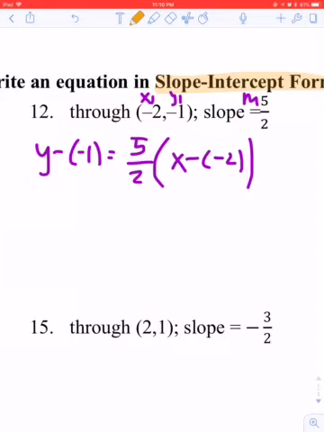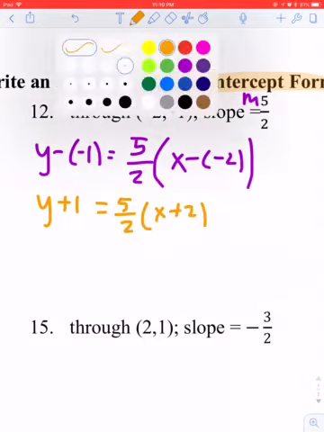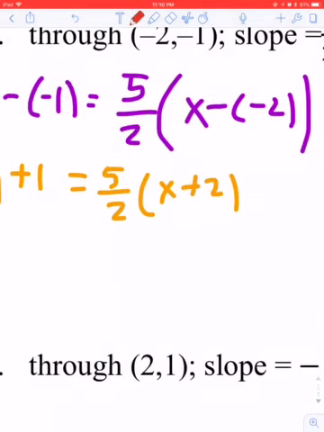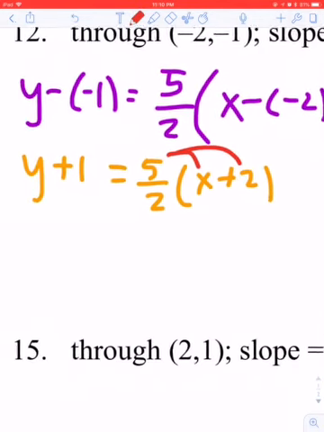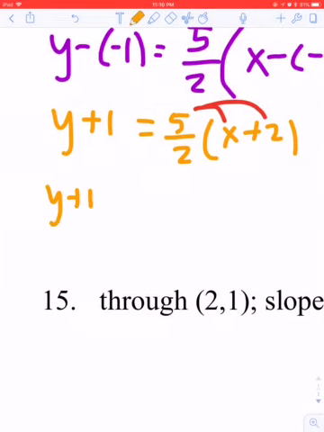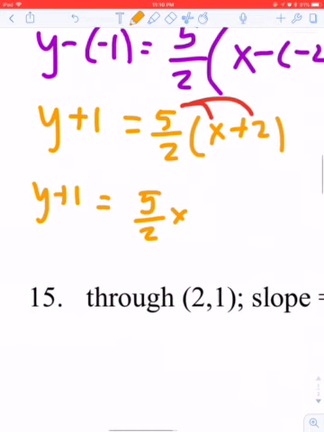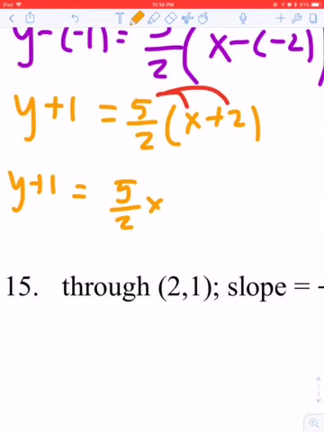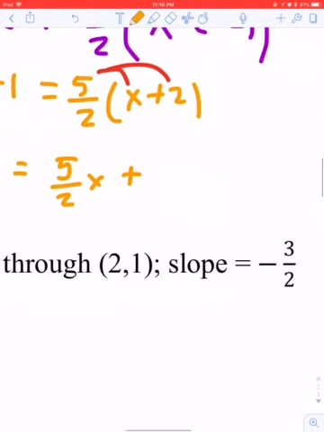So now two negatives become a positive. Okay, now we're going to, again, distribute over here. So I still get y plus 1 on the left side. On the right side, 5 over 2 times x becomes 5 over 2x. You can write it like that. That works just fine. And then 5 over 2 times 2.